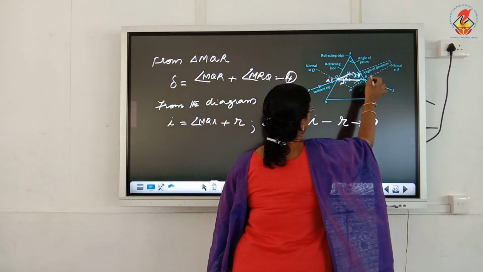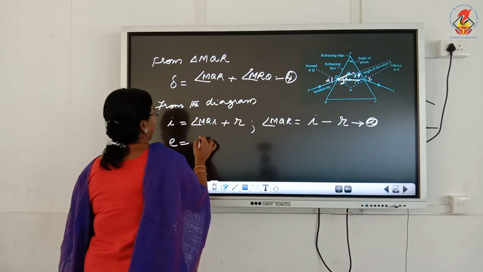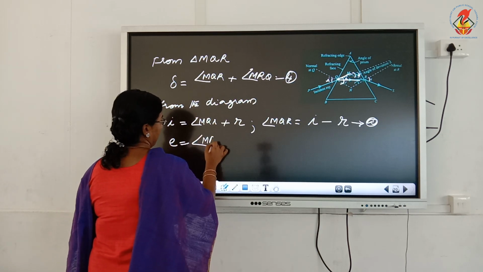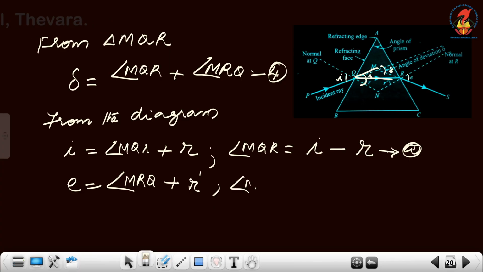Similarly, from this side we can say angle e is equal to angle MRQ plus r dash, or angle MRQ is equal to e minus r dash.